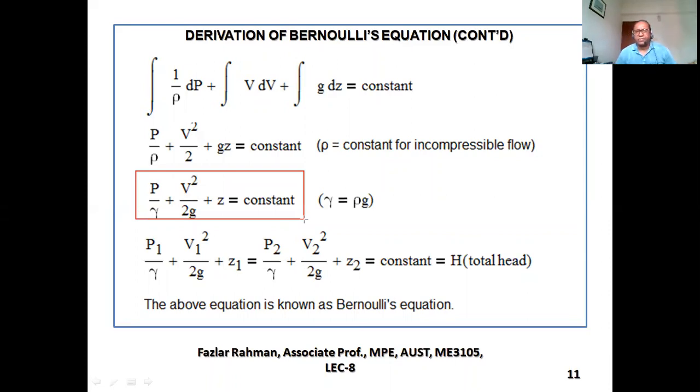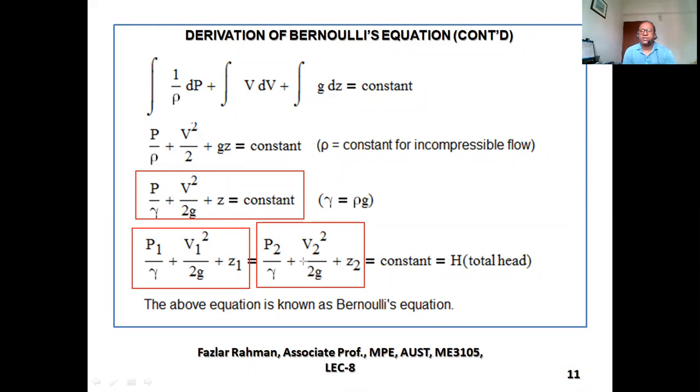What does that mean? That means if you apply it between 2 points of a fluid system, you get for point 1 this one equal to for point 2 this one. That means the summation of these three is always constant.